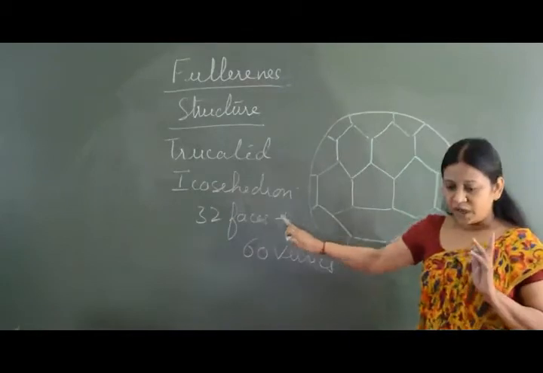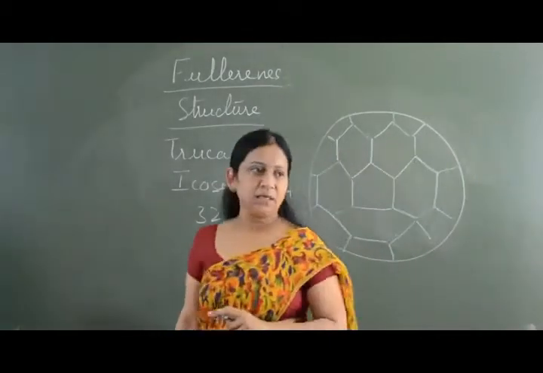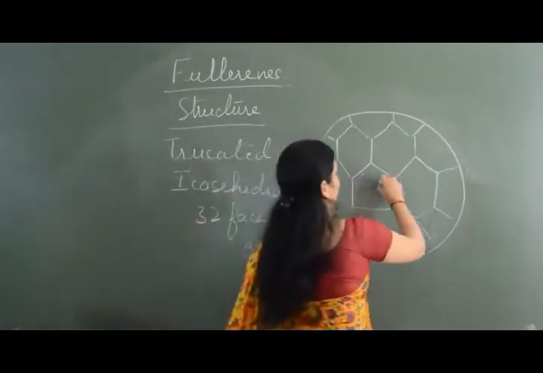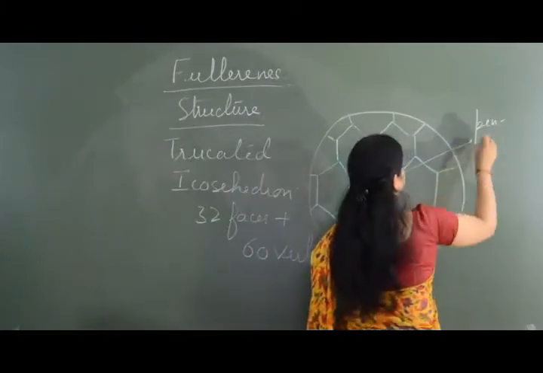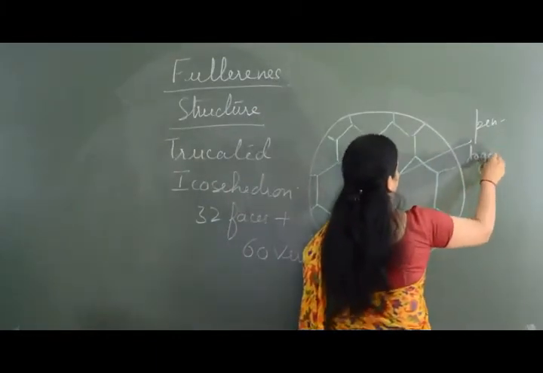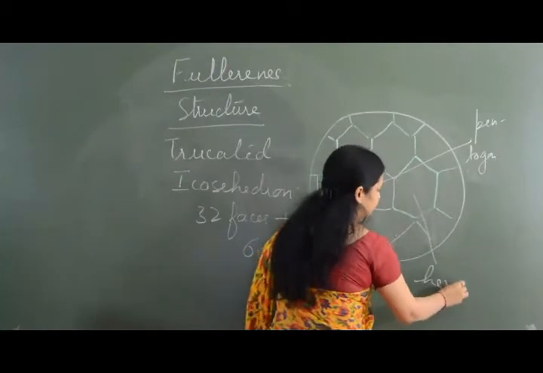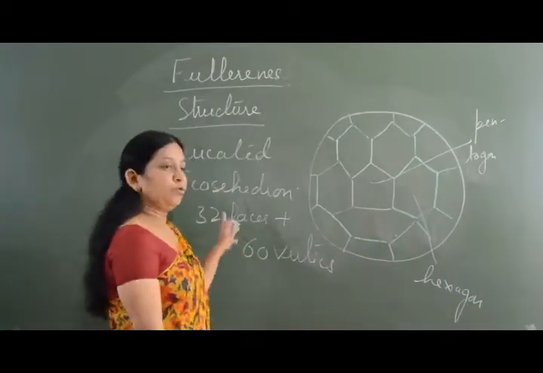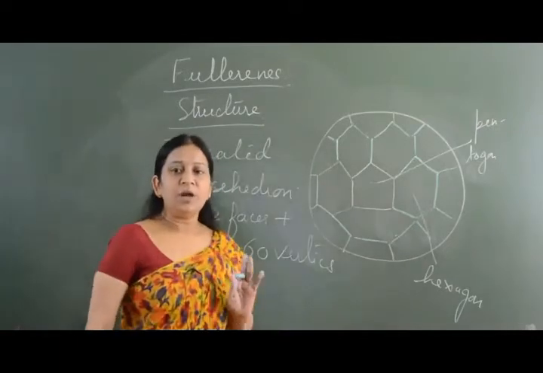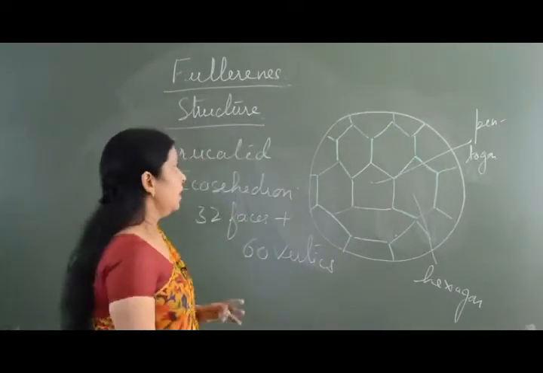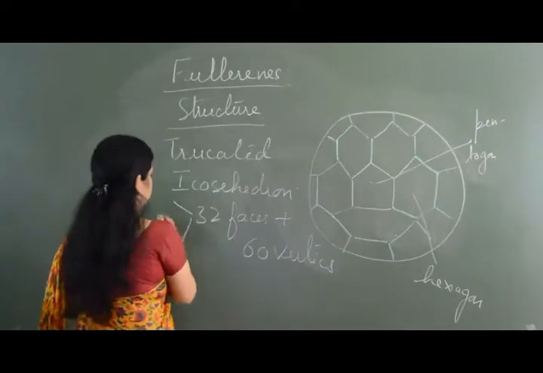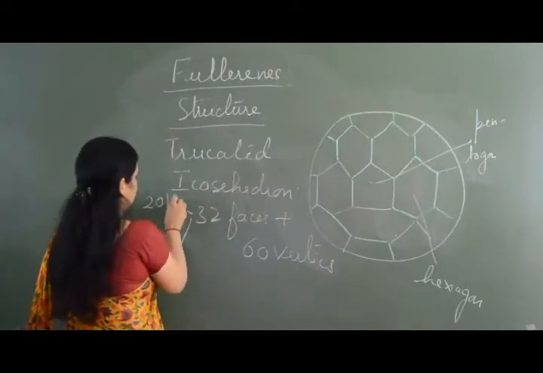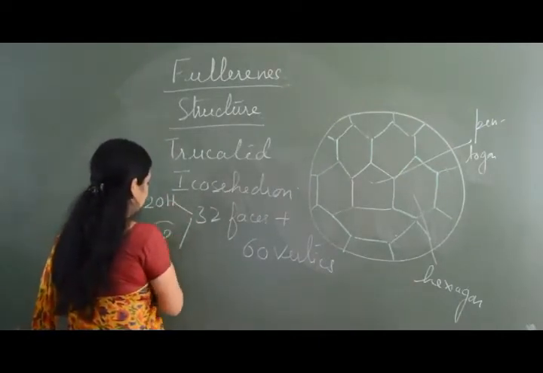In faces we have two polygons, one is hexagon, the other is pentagon. This is a pentagon and here we have hexagon. So of the 32 faces, 20 are hexagons and 12 are pentagons.